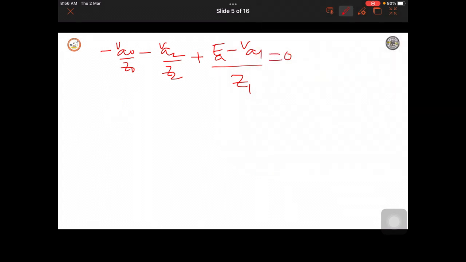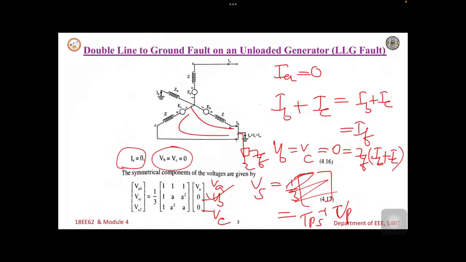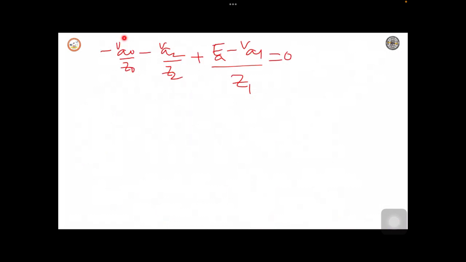So here, in the previous slide, as you see, we have the formulas for VA0, VA1 and VA2. You can substitute here for VA0, VA1, VA2.